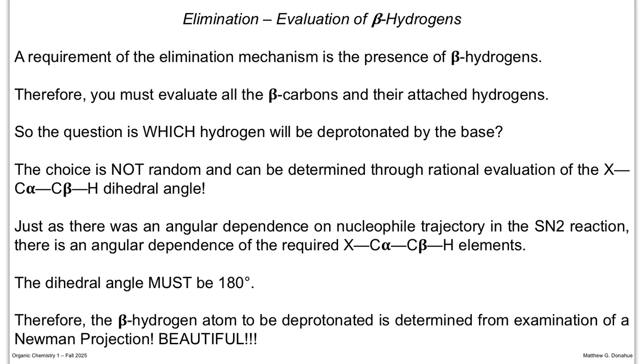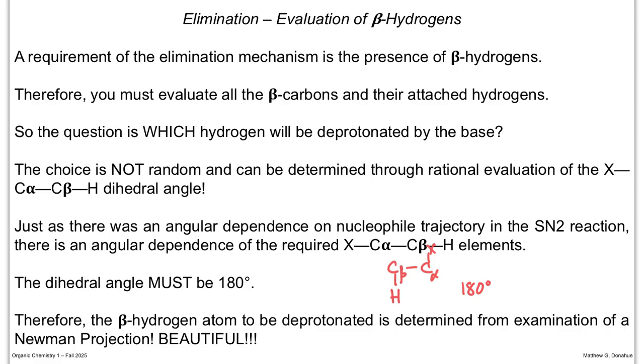So this dihedral angle must be 180 degrees. So it's specific for those 4 atoms. And we can use some of the reasoning that we learned with substitution, why that is.